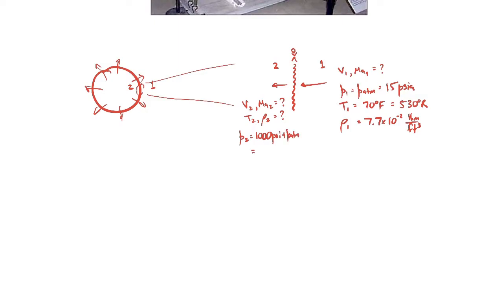So it'll be 1,015 psia. I'm just estimating here, because the article said that the pressure goes up to 1,000 psi. So I'm saying that the overpressure, the amount the pressure goes up by, is 1,000 psi. We have 15 psi to start with, just normal atmospheric conditions. But once the shock wave goes by, it's over 1,000 psi.